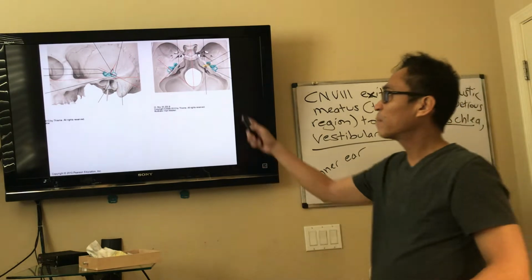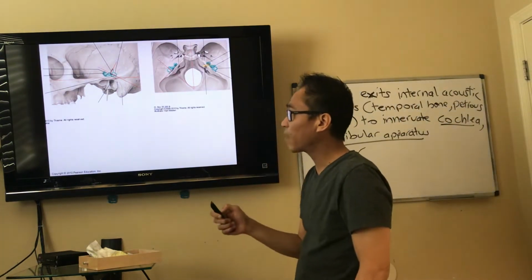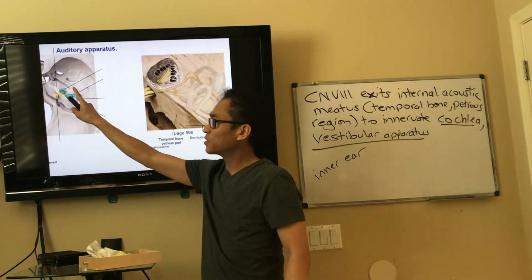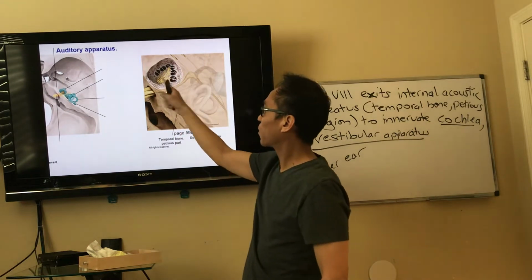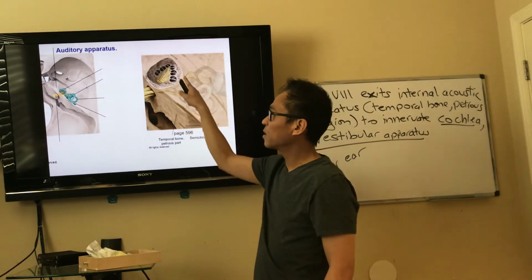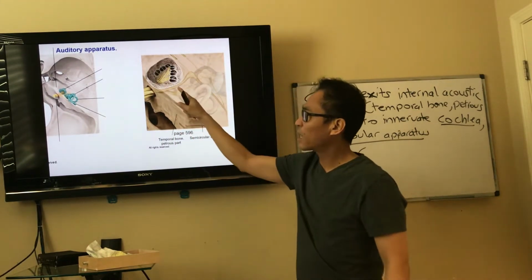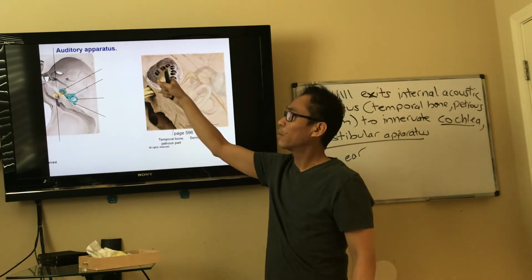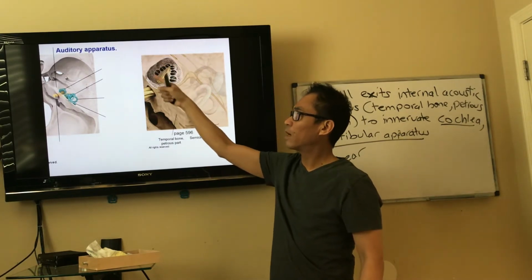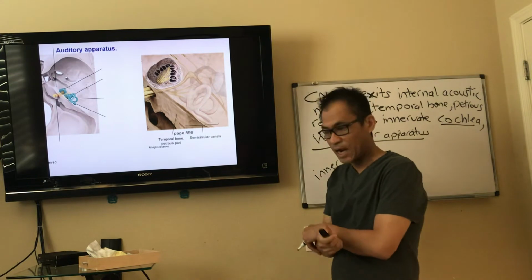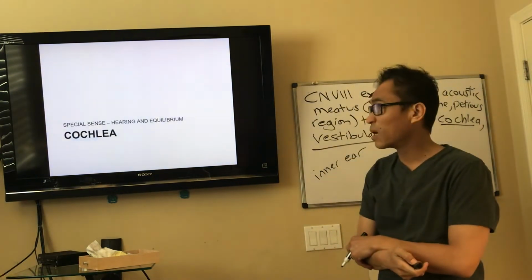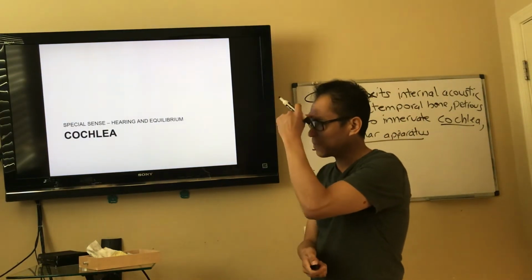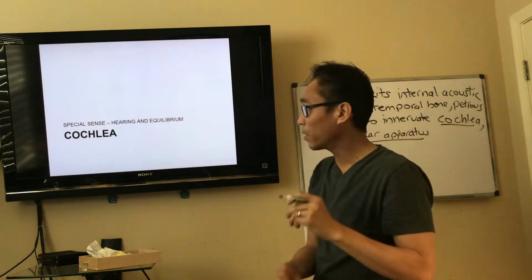If you were to do a dissection of that and scoop out this inner part, talking about the cochlea, you would see this arrangement, all these little triplets of chambers inside the cochlea, which is what I want to talk about next, which is the special sense for hearing, really.